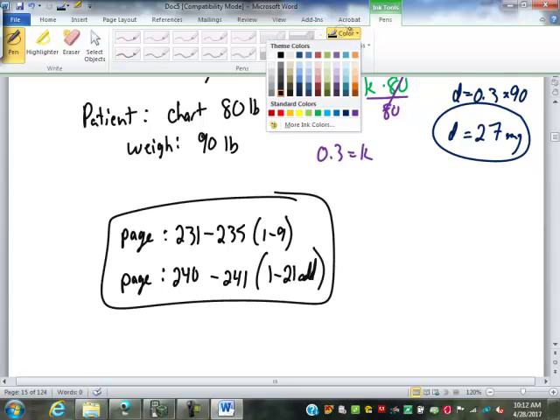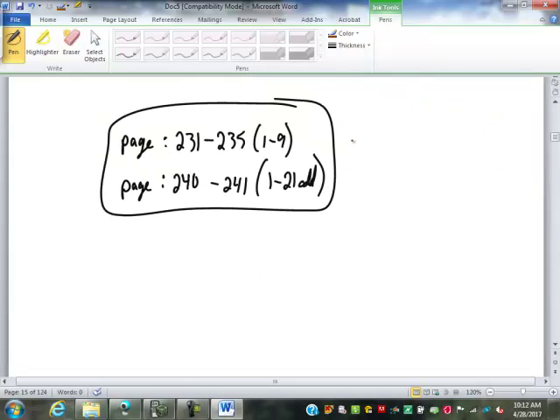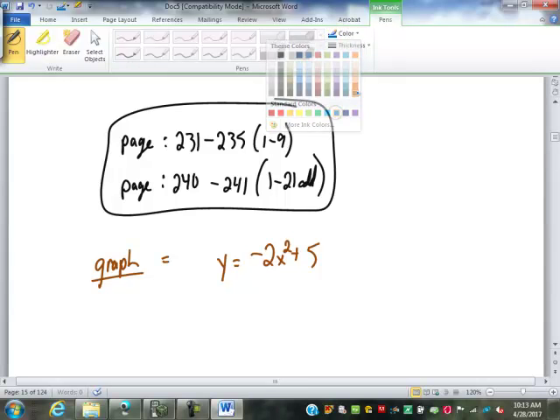Some things for the test that I'm just going to give you a heads up that students struggle with. So I want to make sure it's out there. The variation is one that we just covered that students tend to struggle with on this test. The other one is, if I were to ask you to graph something like y equals negative 2x squared plus 5.